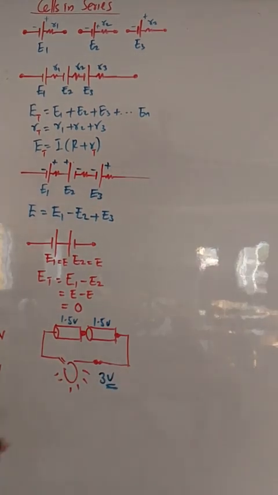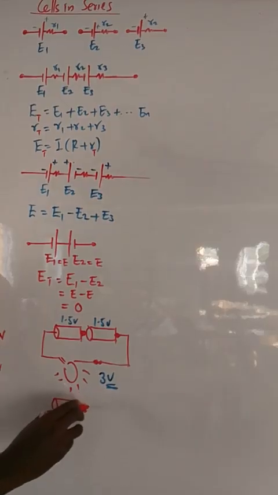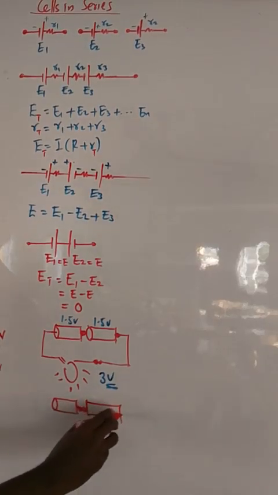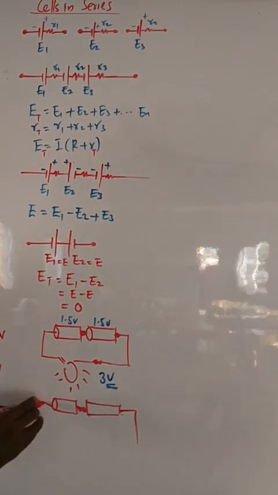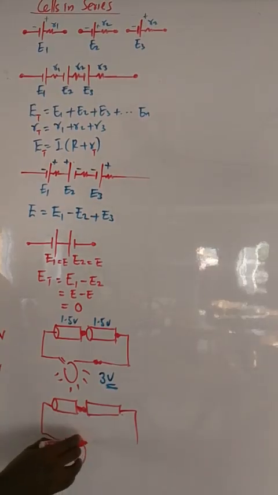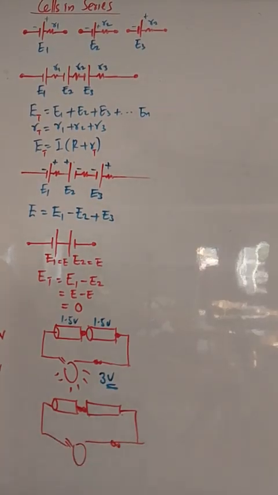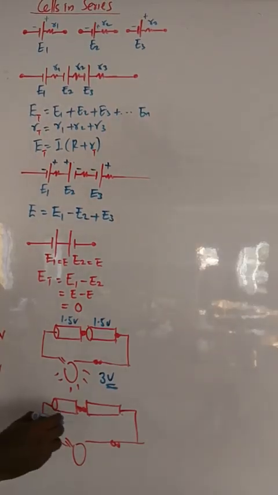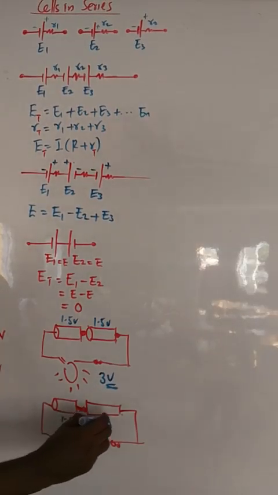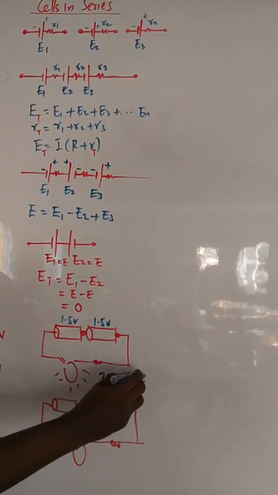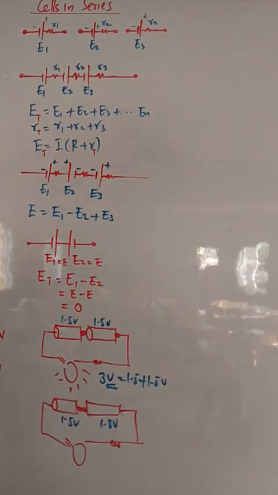But if you connect them this way, what will happen? Even with the key closed, this thing will not light up. Why? The first one is 1.5, the other is 1.5, but instead of adding, like in this case, one of them has to be minus.